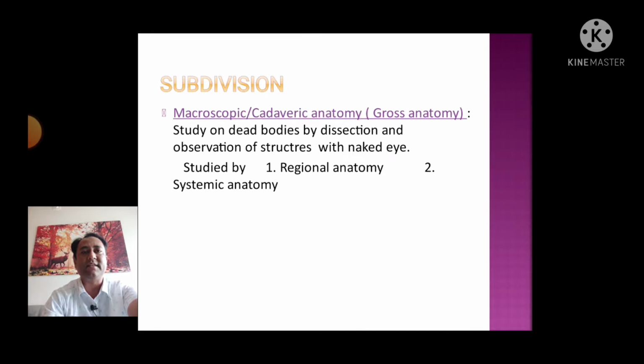Now we will discuss the subdivisions of the anatomy. The first of this subdivision is macroscopic or cadaveric or gross anatomy. So study on the dead bodies by dissection and observation of the structures with naked eye is called macroscopic or cadaveric or gross anatomy, and it is studied under two headings: regional anatomy and systematic anatomy.